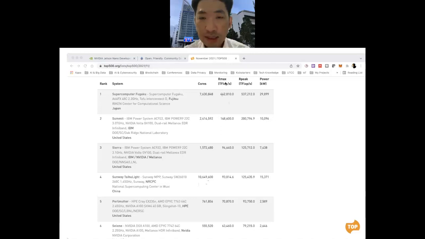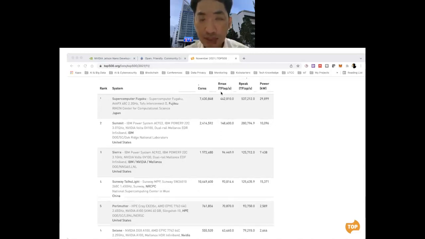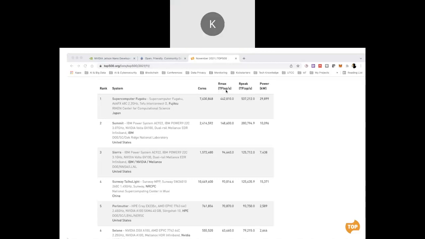Look at this column. This column is Rmax, and the unit here is teraflops, T-flops per second. What does it mean? You know that a tera is 10 to the power of 12, and here is floating point operation.